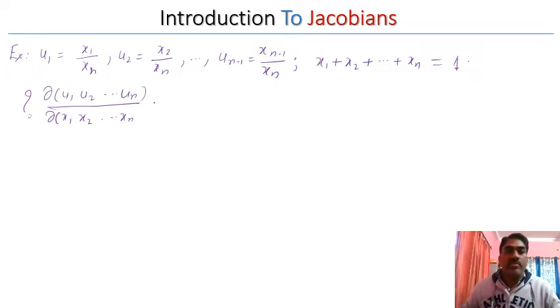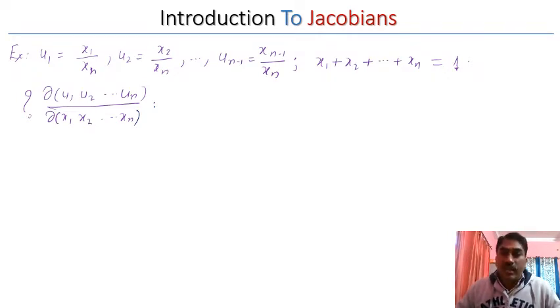As a thumb rule, you know that in order to find this Jacobian, you need to calculate all partial derivatives of first order for all the functions u1, u2, ..., u(n minus 1). So first let us calculate the partial derivative for un to have an idea how this will come. You know that x1, x2, x3, ..., xn sum to 1. But there are only n minus 1 functions u1, u2, ..., u(n minus 1), n minus 1 functions, and the variables are n.